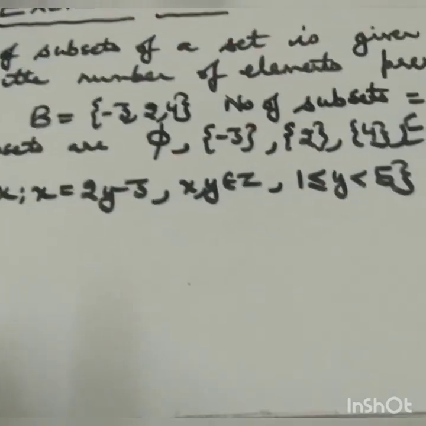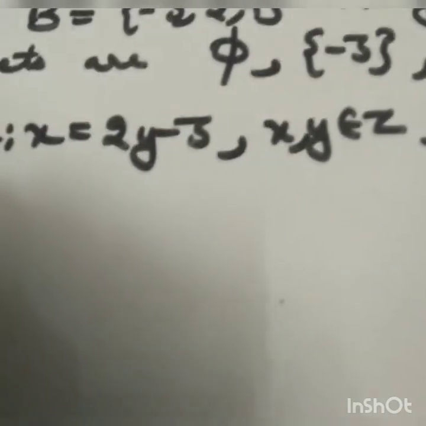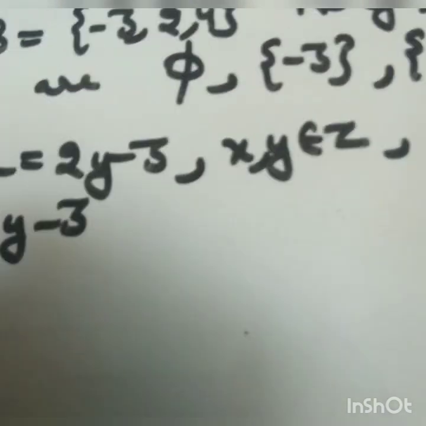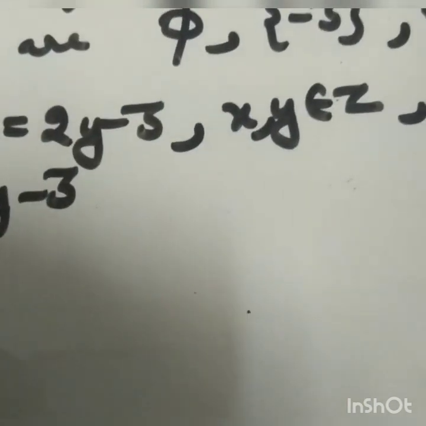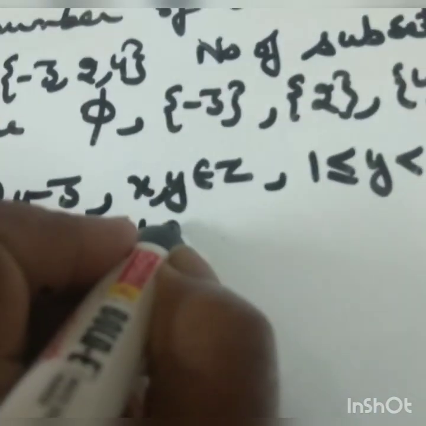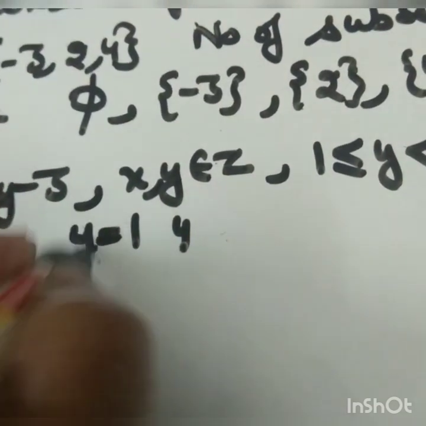Now let us see how we do it. x such that x equals 2y minus 3 is your equation. Now start putting the values. y equals 1, not x.